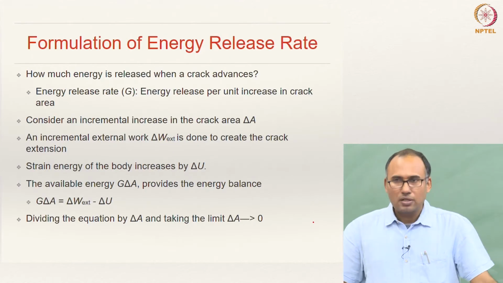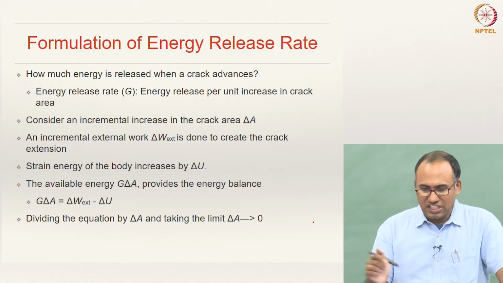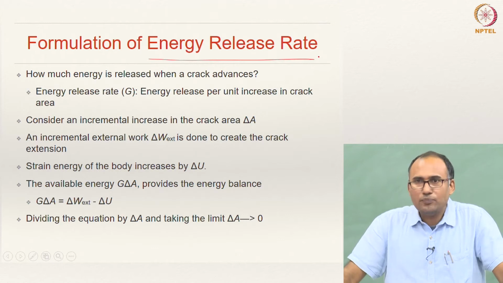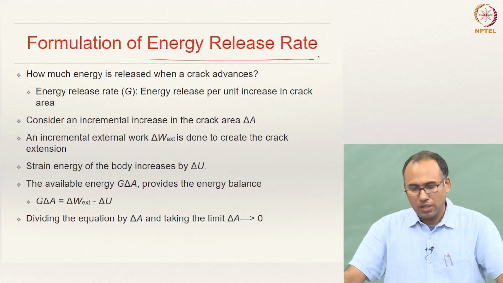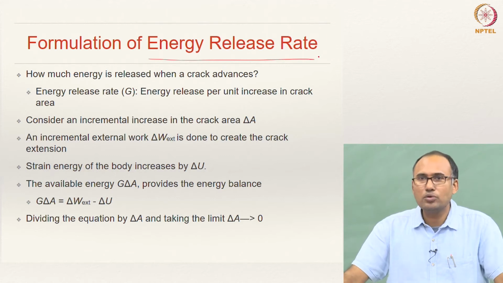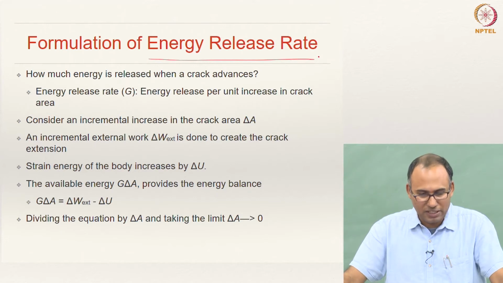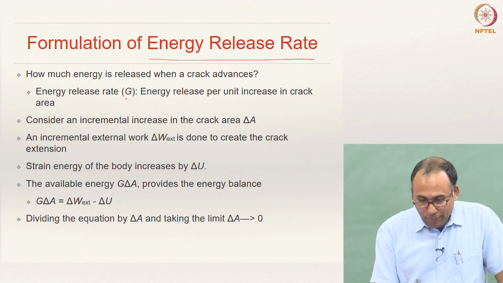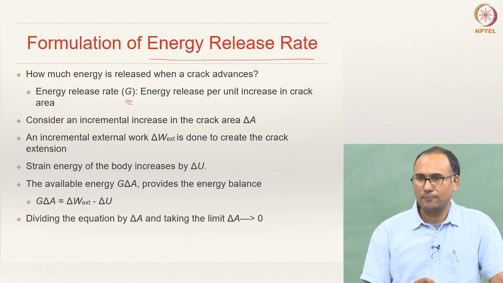All right. So, now we look at what we mean by the energy release rate, a very important property of the material, a very important component that you need to be aware of whenever we are talking about crack growth in a material. The energy release rate is usually represented by the letter G in honor of Griffith.